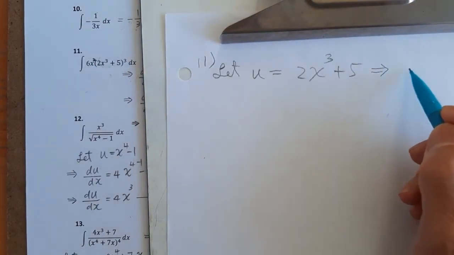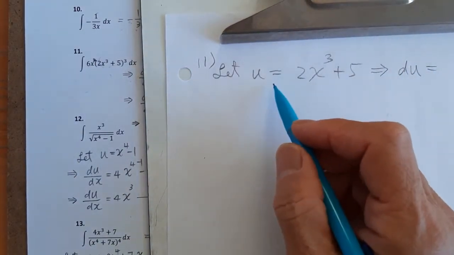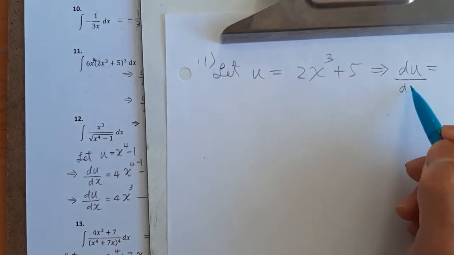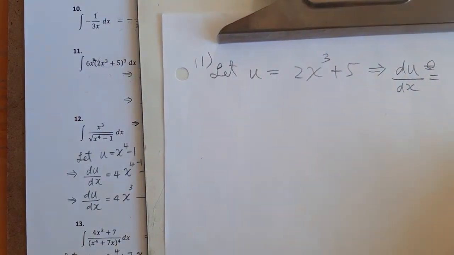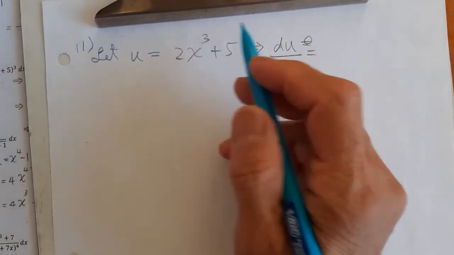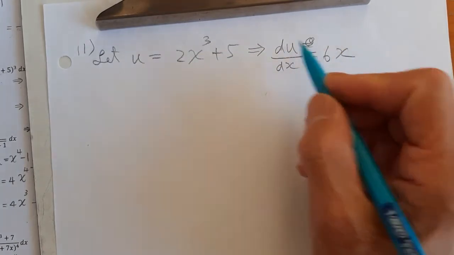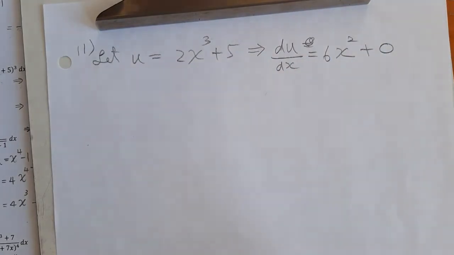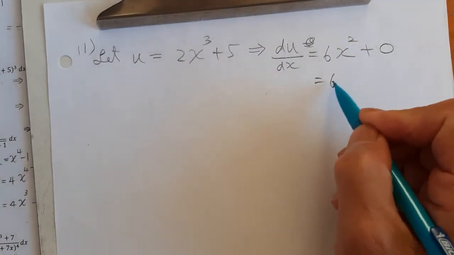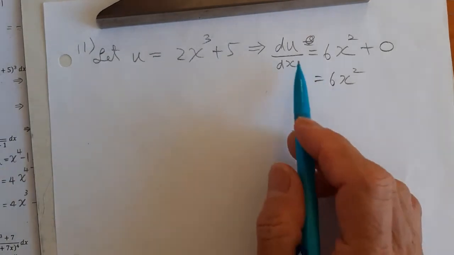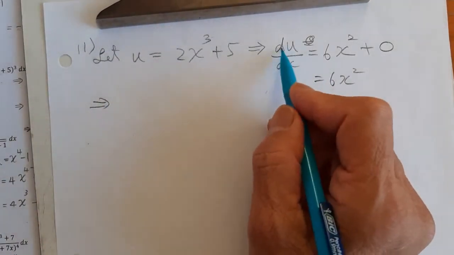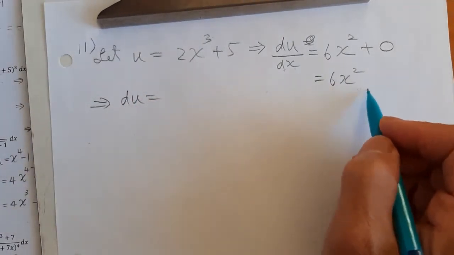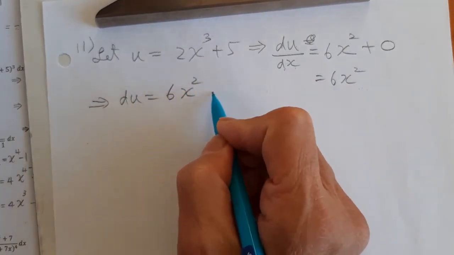Then you take the derivative: du over dx equals 2 times 3 is 6, x to the power 3 minus 1, 2. Add 5, take derivative is 0. And so this is 6x squared. And then du over dx times dx become du. Cancel dx. And the right side times dx becomes 6x squared dx.